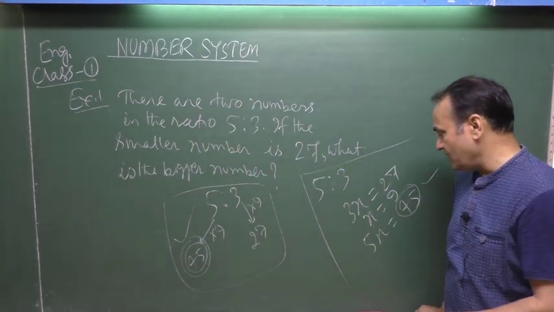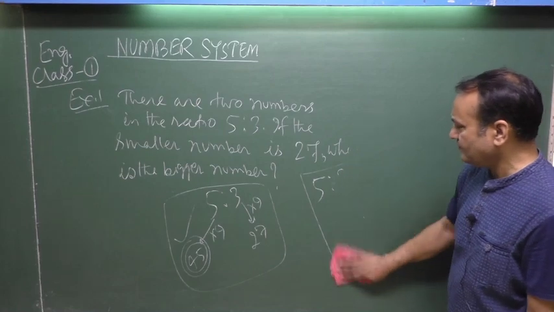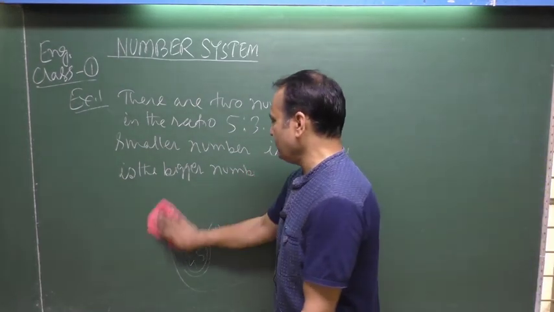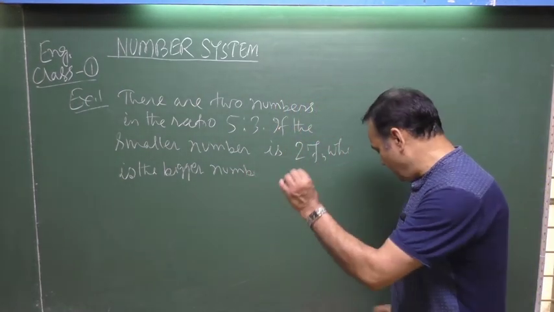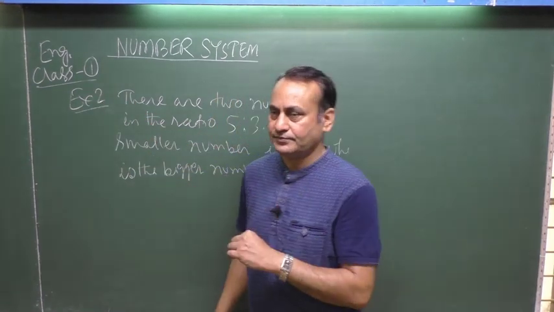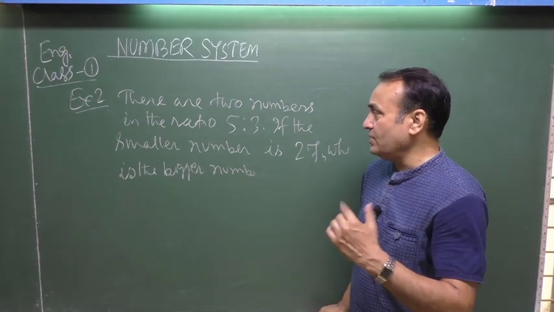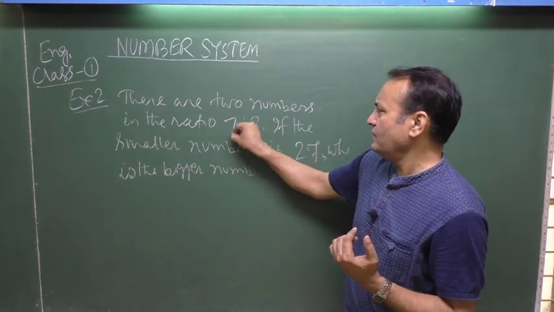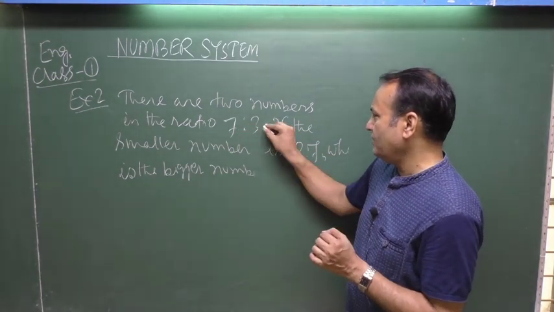Okay? See here. Next question. Example 2. There are two numbers in the ratio 7:3.